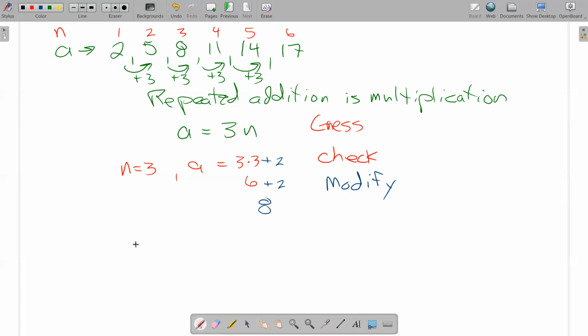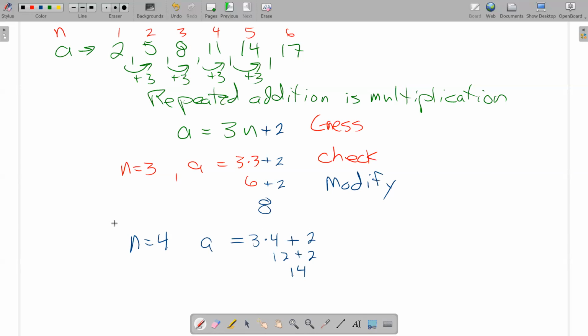Let's pick n equals 4. I think my formula is now 3n plus 2, based on my guess and check. So now we try it. For 4, a should be equal to 3 times 4 plus 2. 3 times 4 is 12, plus 2 is 14, and ooh, that's not right.